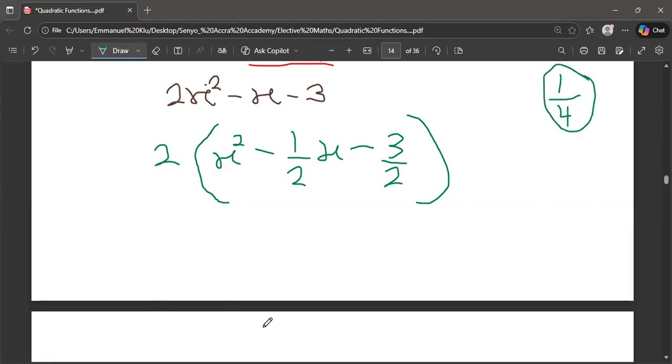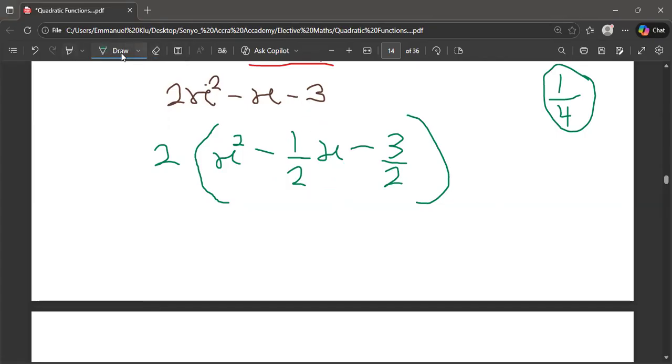Okay. So we continue. When we get to here, what do we say we do next? We say we have to take half of what? This. We have to take half of this, and then at the end of the day, we square the result to proceed.